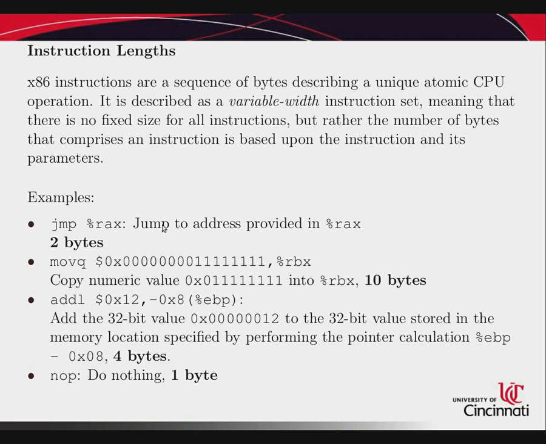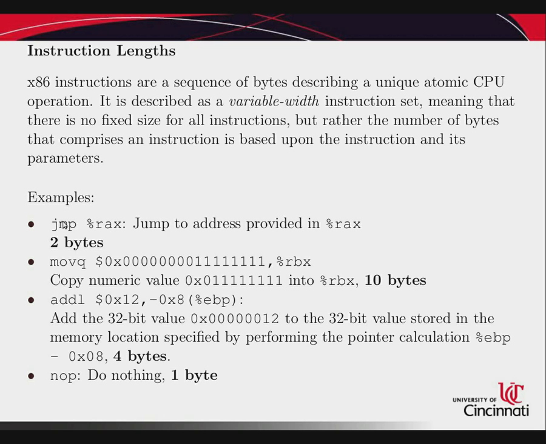I've got some examples here, and you can see how little or much sense a lot of this makes. Most of the time, from what I've seen, the instructions that are most frequently used in most programs are the shorter ones, and the ones that are least likely to be used are the longer ones.